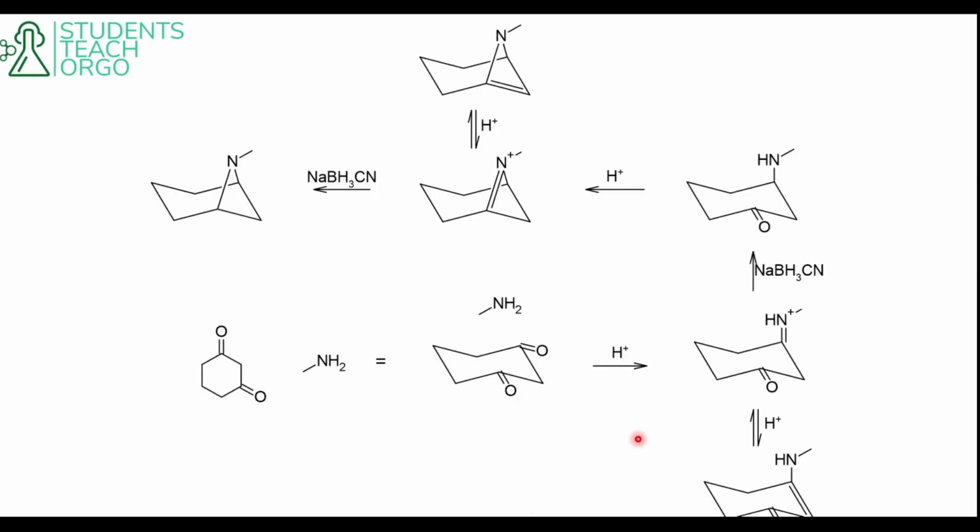And then just to kind of illustrate this more, to think about this in reverse, right? We have our product up here, and then the first reverse step would be to oxidize it, because going forward we're reducing it with the sodium cyanoborohydride. So to oxidize this, we turn one of these carbon-nitrogen bonds down here into a double bond, and then our nitrogen will get the plus charge again.